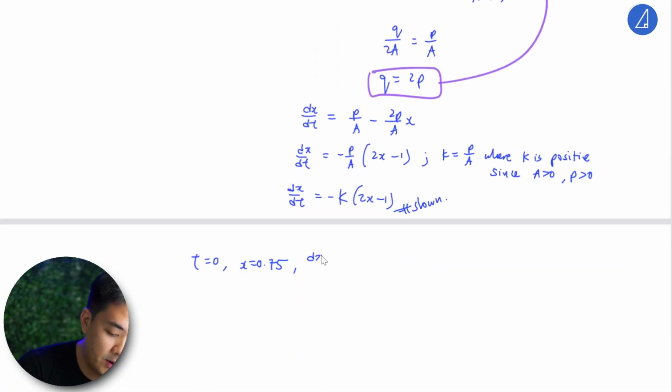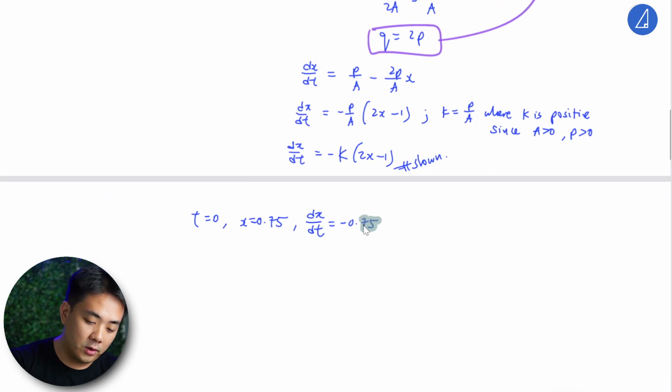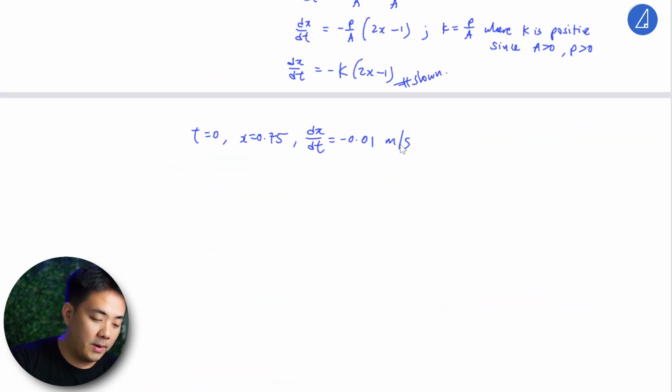Then decreasing at this rate, dx/dt is given by minus 0.01. So in this case we could substitute this boundary condition into this expression.